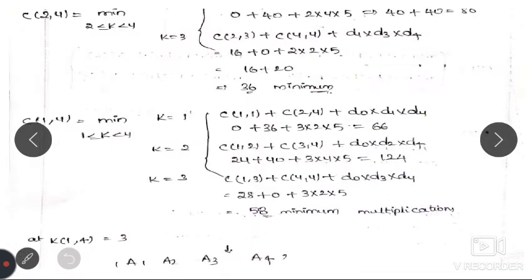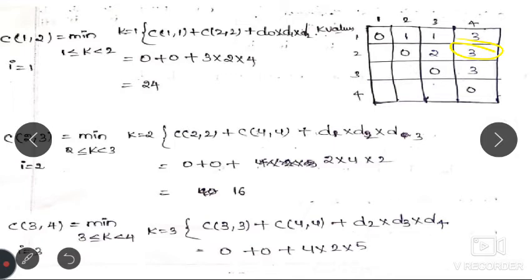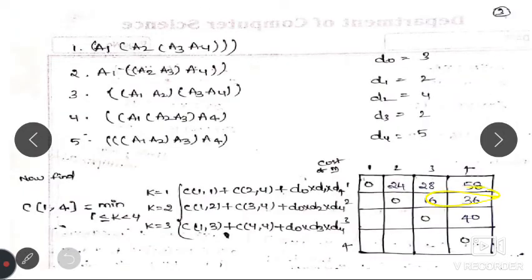Here 80, and another k value is 3. This has 36 multiplications. This is the minimum multiplications. At k value 3, we write in the k table as 3, and the cost value is 36. In this, cost of 2 comma 4 is 36.